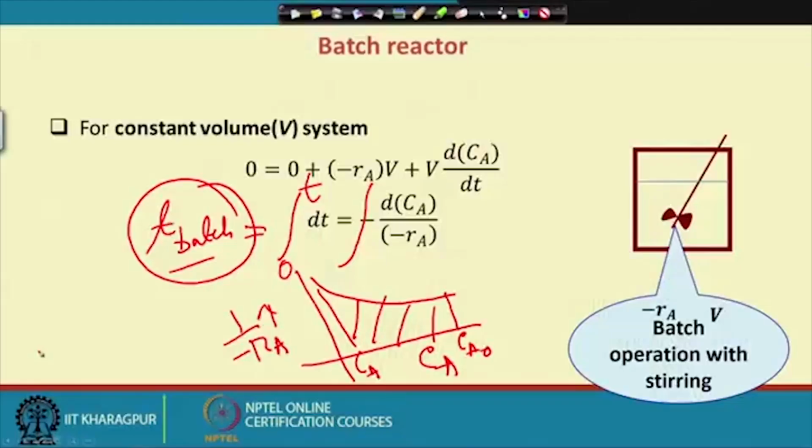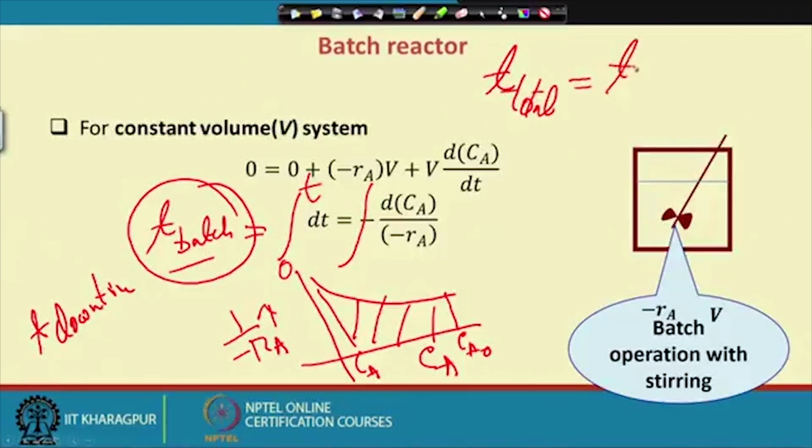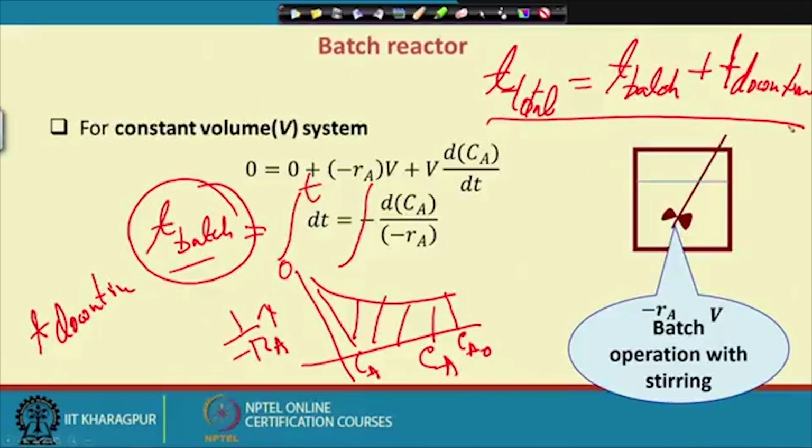It requires some time, and this time we call downtime. So, what is the T total in a batch process? Total time equals T batch plus T downtime. Am I right? This is how we get the total time required for the batch process.